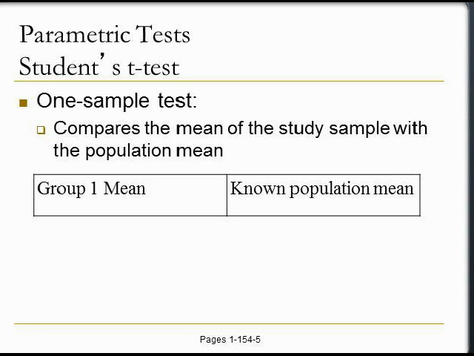Okay, and the example that I like to give is if we measure the LDL cholesterol of every person in this room, we want to know if it differs from the average in the United States. We would employ a one-sample test. We have one sample. We have each cholesterol concentration of the folks in this room, and we're going to compare that to the national average.